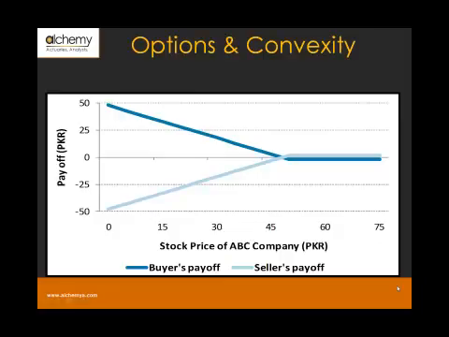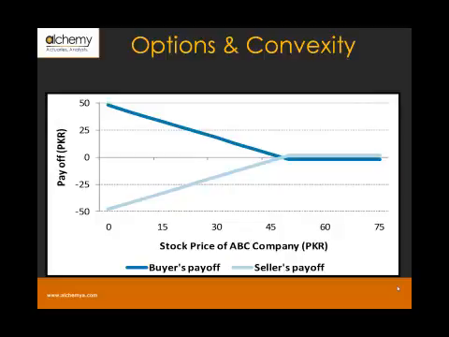So now that we've looked at convexity, let's see how we can relate convexity with options and optionality. What you see in front of you is a payoff profile for a put contract. A put gives its owner the right to sell a security at a future date at a price that has been agreed upon today.